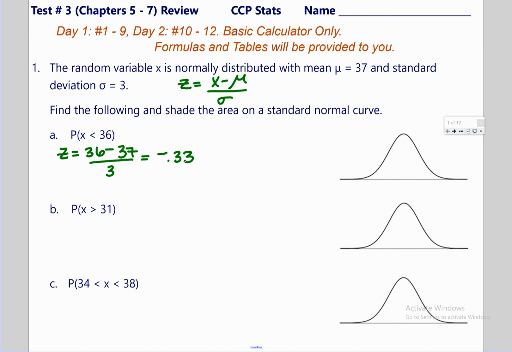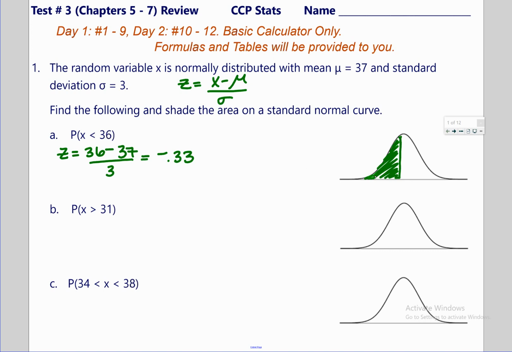Here it is the probability of x being less than 36, so we are looking to the left of this z value. You can go ahead and sketch that if you want. Negative 0.33 is going to be pretty close to the mean. Then we find that value on our z-score chart to find the appropriate area.